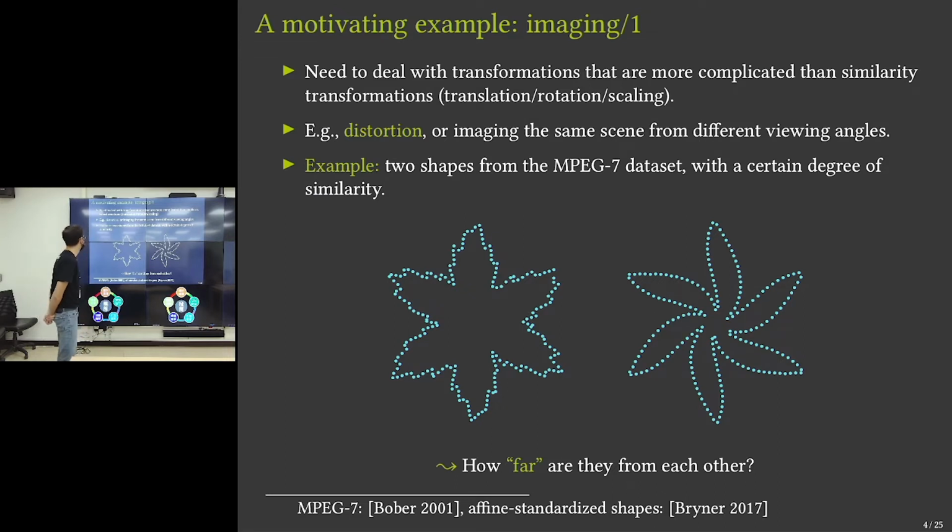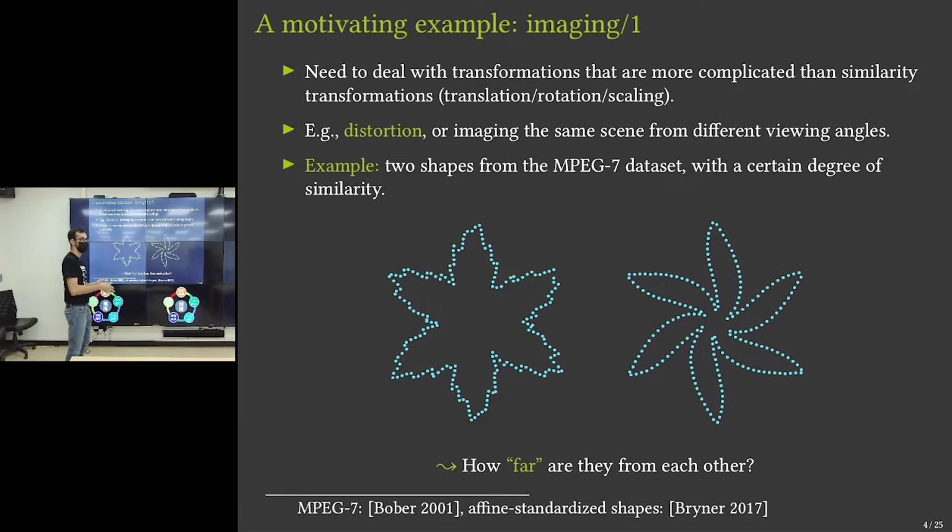So here you have the example. Here you have two shapes from the MPEG-7 dataset. It is a quite well-known dataset that contains many different shapes, basically in sets of 20 similar images.